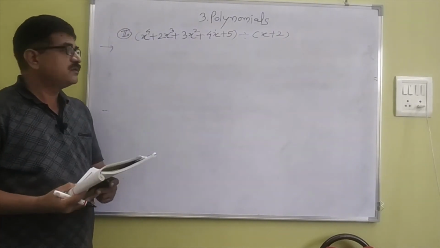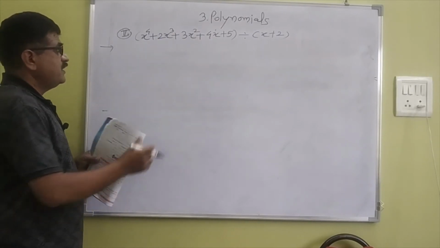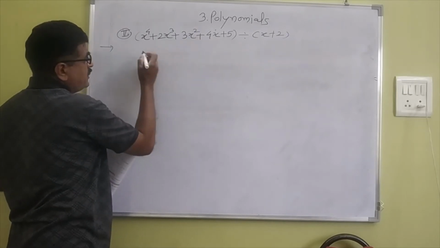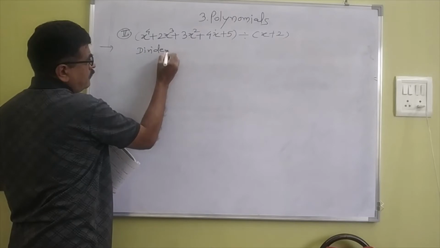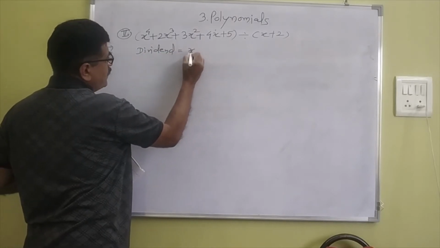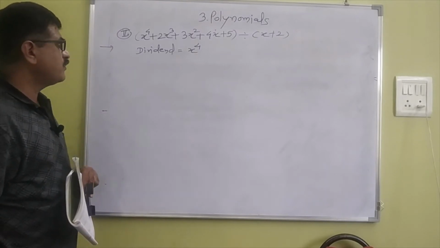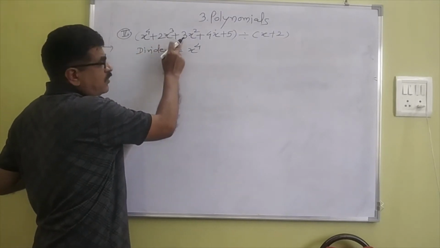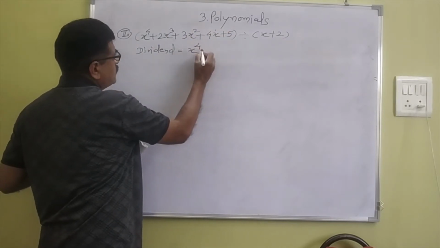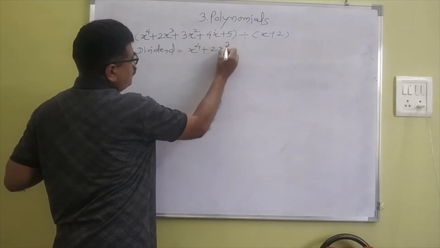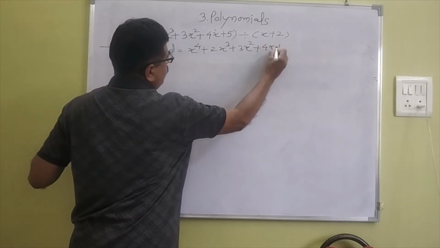Now first write down the dividend. What is the dividend here? This first polynomial is the dividend. Dividend is equal to x to the power 4 plus 2x cube plus 3x square plus 4x plus 5.